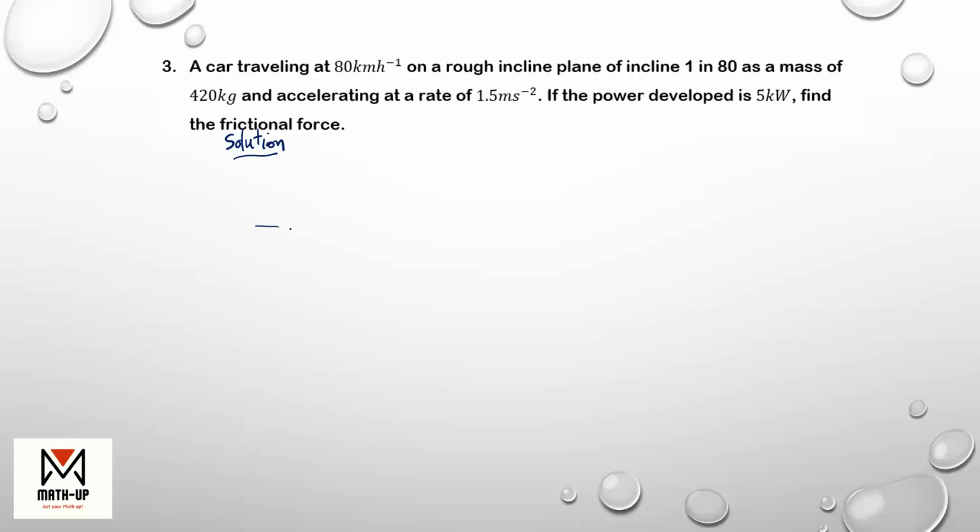So we shall just sketch a small incline here. 1 in 80 means for every 80 units he travels horizontally, he has risen by 1 unit. So that's why we have 1 here and 80 here.